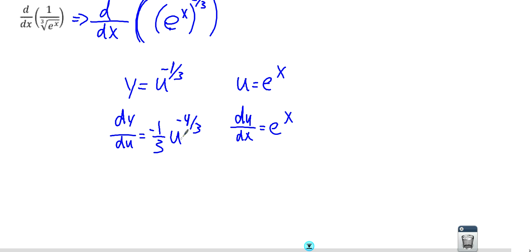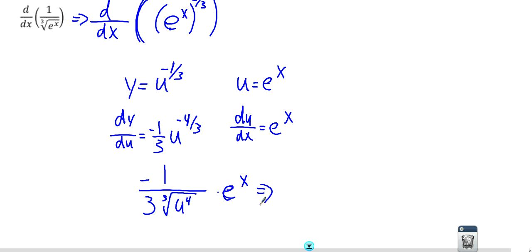But before I do that, I'm going to deal with this power. So I get negative 1 over 3 times the cubed root of u to the 4th times e to the x.